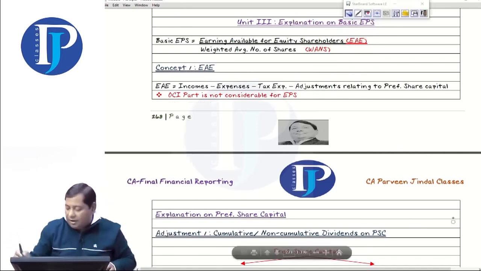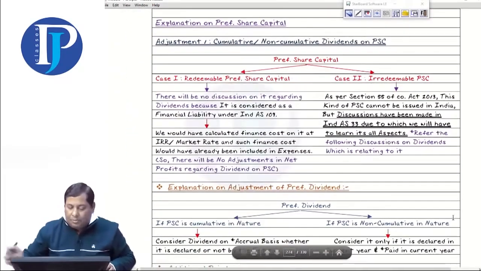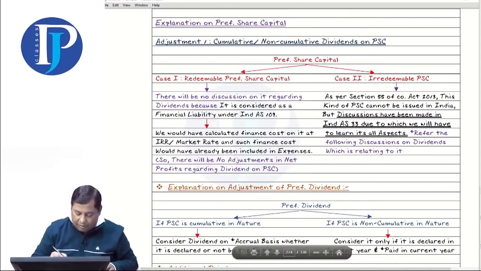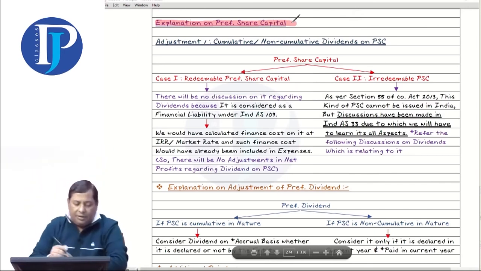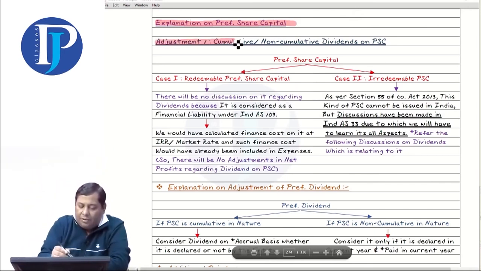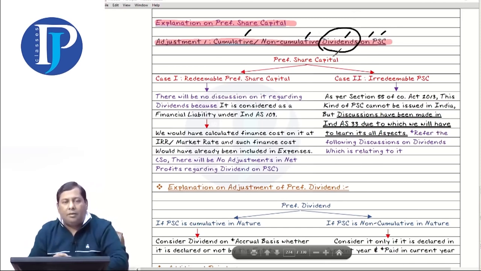Then I started the explanation of preference share capital. We had discussed it very well and we spent a lot of time on it. In the beginning, the first adjustment of preference share capital that I had told you was cumulative, non-cumulative dividend.